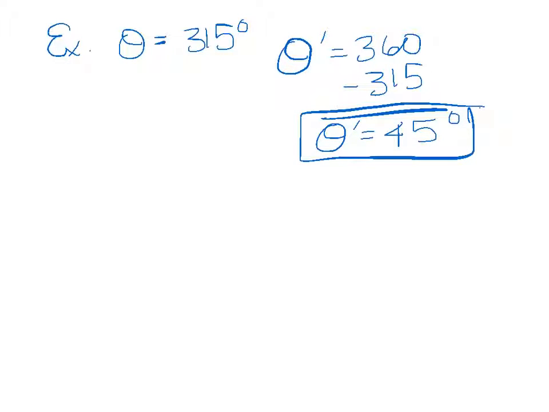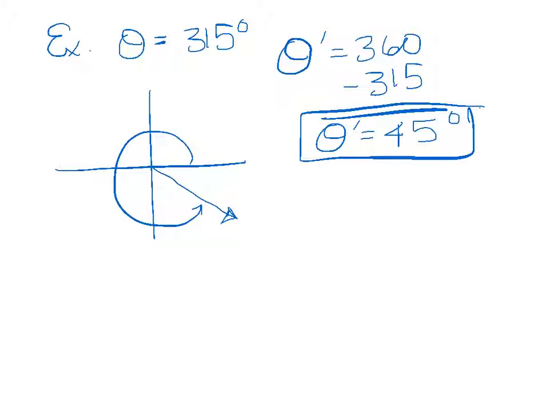When you look at it, let me just show you what it looks like. 315 is this angle all the way around, and 45 is the remainder to get all the way around the circle. So this one was 315 and the other was 45.